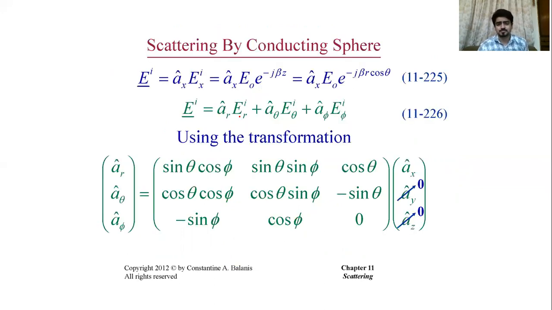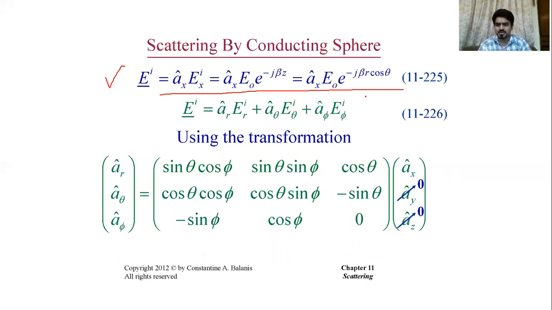So again, we'll start with that transformation. This is your E vector, and this is your incident plane wave, and we have gone through this, that we can write it down like this.